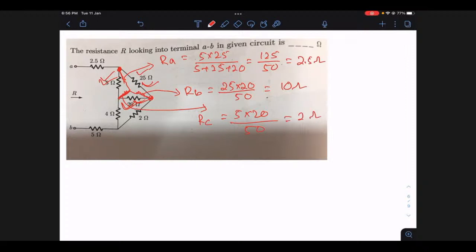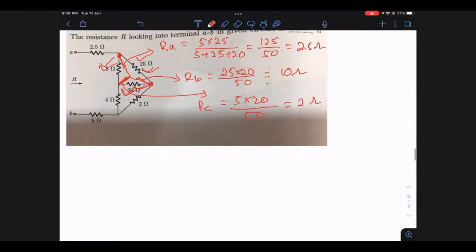So after getting these three values, what I'll be doing then? I'll be redrawing the circuit. If I redraw the circuit, how does it look? You have a resistor like this, this is your RA, which is 2.5 ohms. Then you have a resistor here, RC, which is 2 ohms.